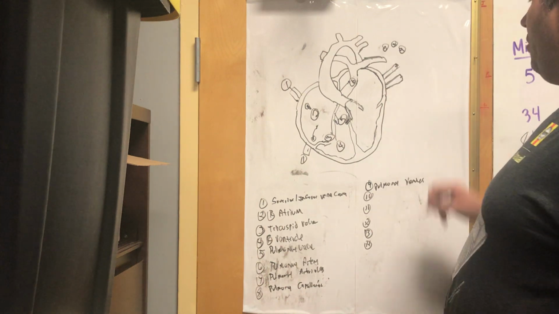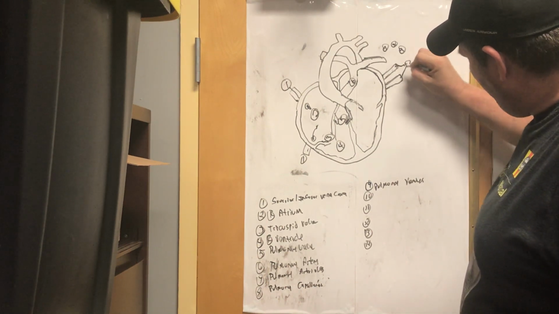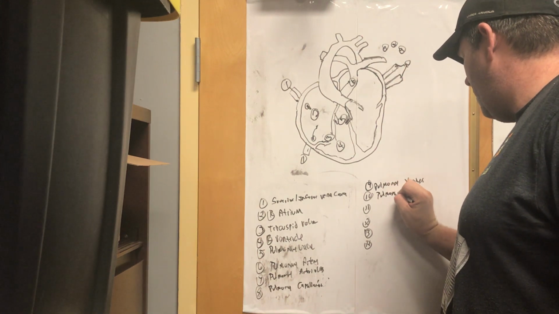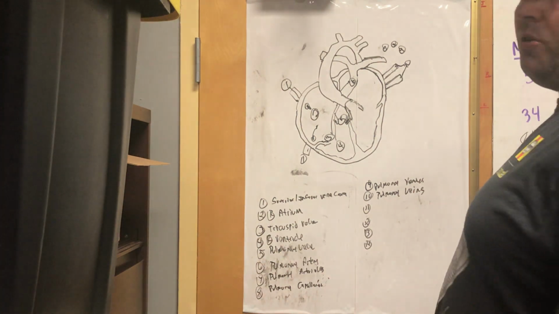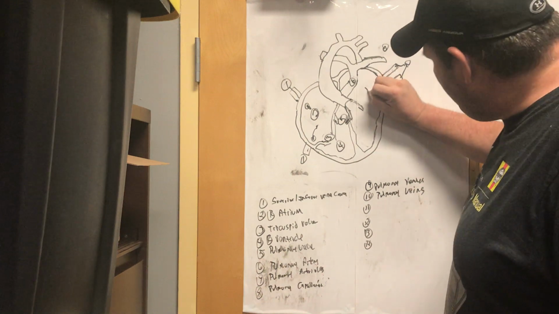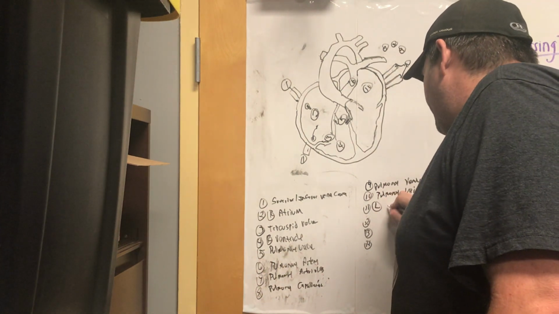All right, so then number 10 leads us into these right here, which are the pulmonary veins. Okay, so we're in the pulmonary veins now, and our next step will be going into number 11, which is the left atrium.